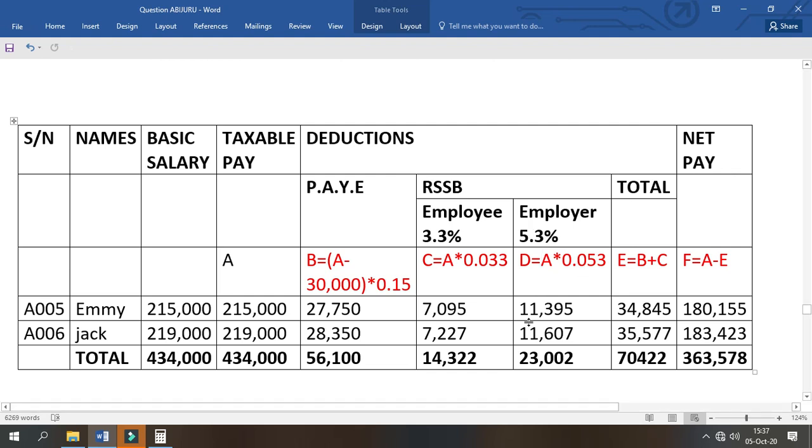That's why their total contribution is 5.3%.